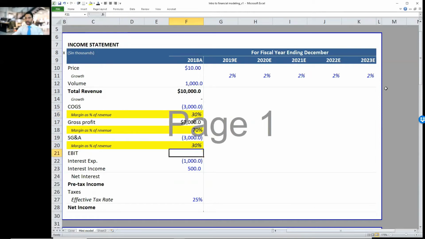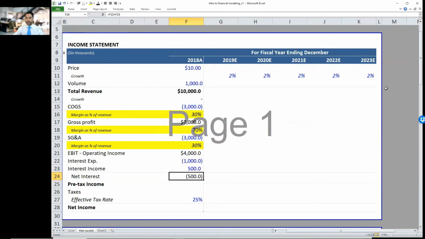So let's continue here. So let's calculate now EBIT. EBIT stands for earnings before interest and taxes, which is another word for operating income, okay? How do we calculate operating income? We take our gross profit less our SG&A. There it is, 4,000. Then we have interest expense, interest income. Let's get the net of these two.